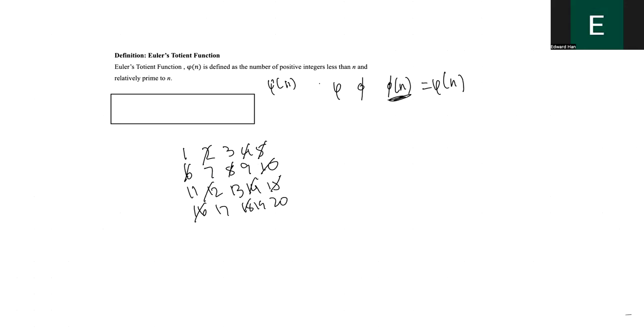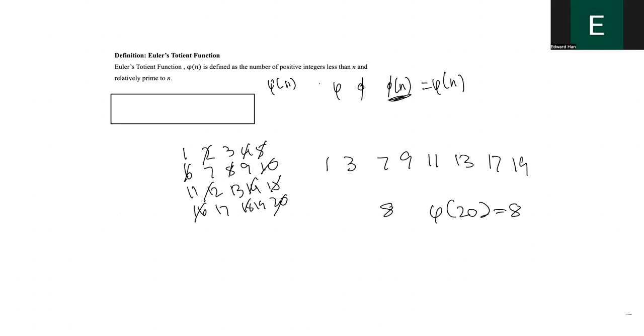So if we cross them out, we have 1, 3, 7, 9, 11, 13, 17, and 19. If you count the numbers, there are 8. So we successfully calculated phi of 20 to be equal to 8.